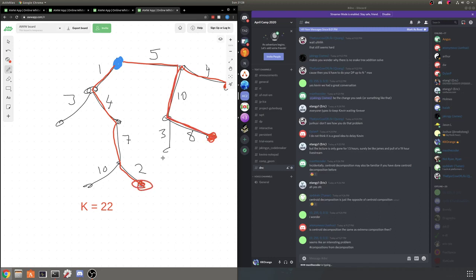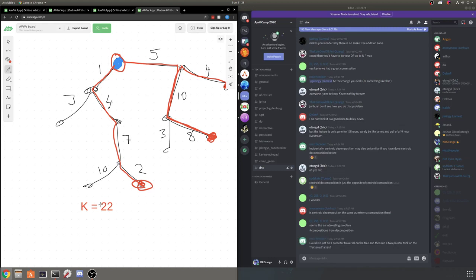And the question is, are there any paths of that form that go through this special vertex that have weight exactly 22?